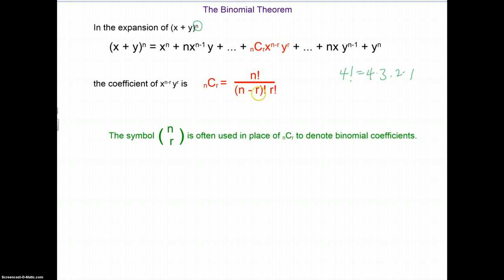And r is the position of the y. So if it's y to the r power, this would be x to the n minus r and y to the r. And we'd calculate the coefficient using this formula. Let's try practicing a little bit. Just note that these two syntaxes are identical. They mean the same thing as far as calculating coefficients of binomials.